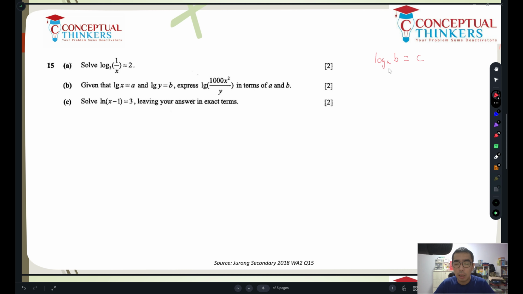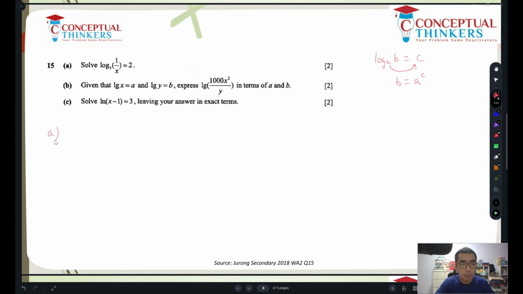I prefer to remember it as a, b, c so that it's easy to remember the rules. Base a, when you bring it over to the other side, so actually logarithm is the inverse of exponential function, it will become b equal to a to the power of c.